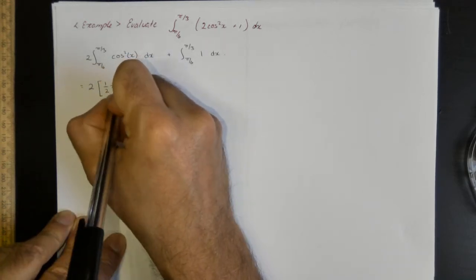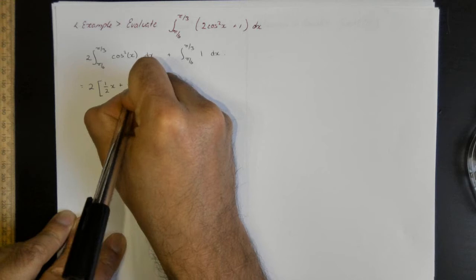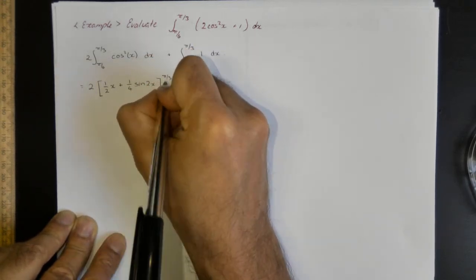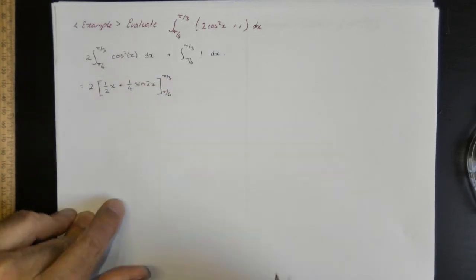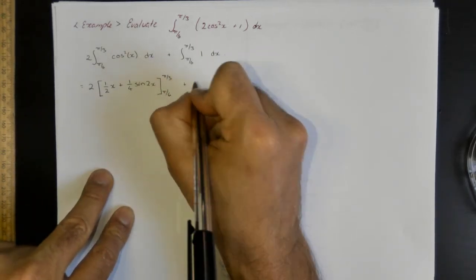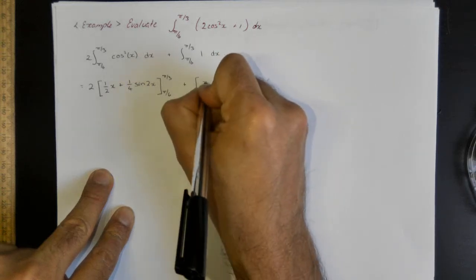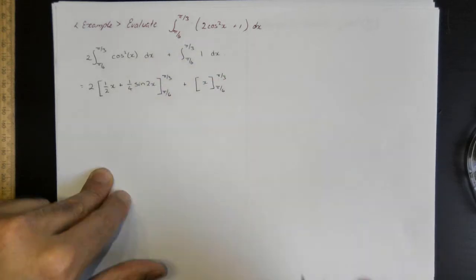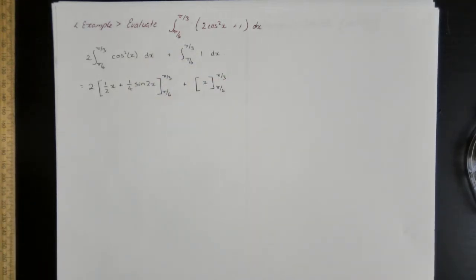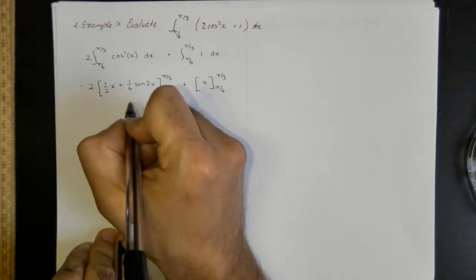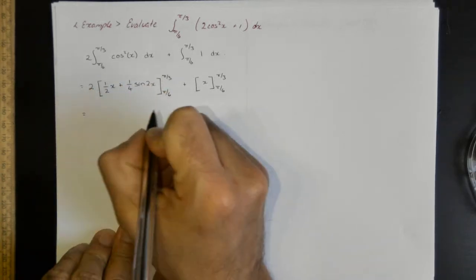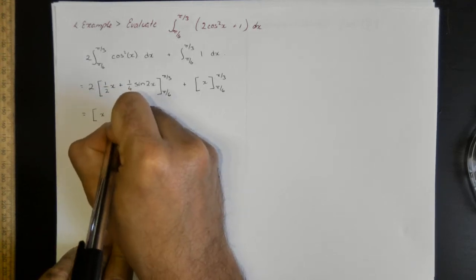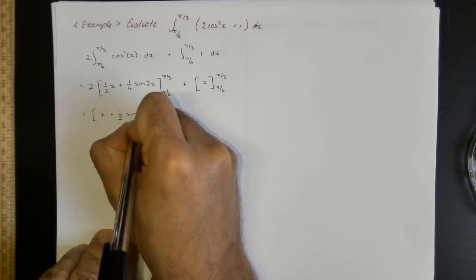It's cos, so it's plus a quarter sine 2x, from pi on 6 to pi on 3, plus that's just going to be x from pi on 6 to pi on 3. Multiplying through, it's going to be a half x plus a quarter sine 2x.